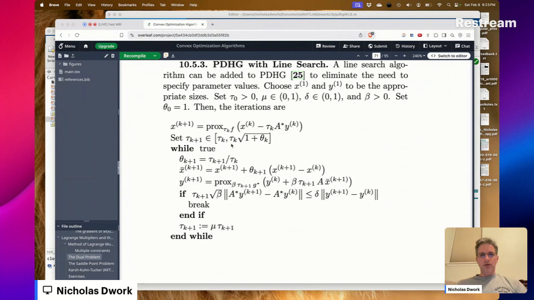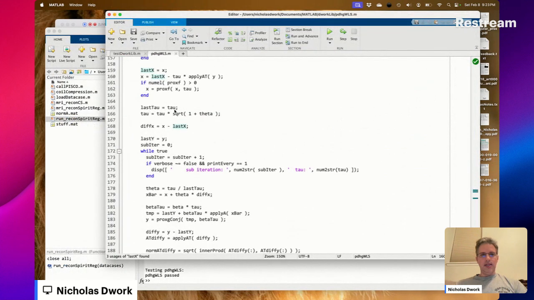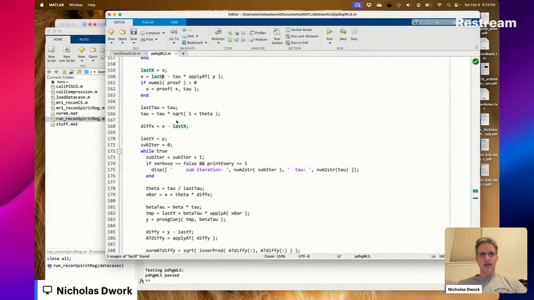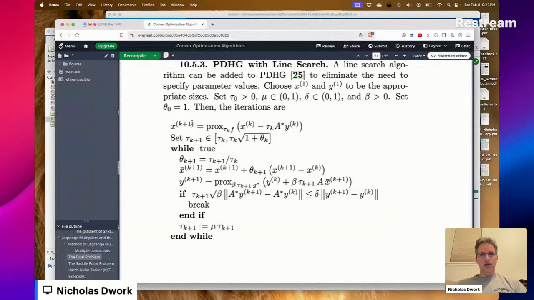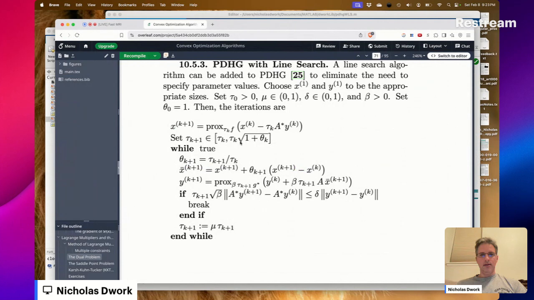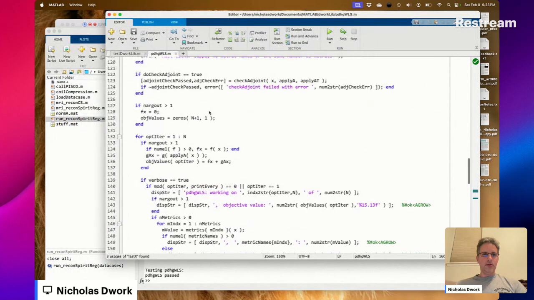Then set tau equal to here. Last tau is equal to tau. Tau is equal to tau times square root of 1 plus theta. Okay, so we're increasing it as large as we can. Great. Theta naught is equal to 1.